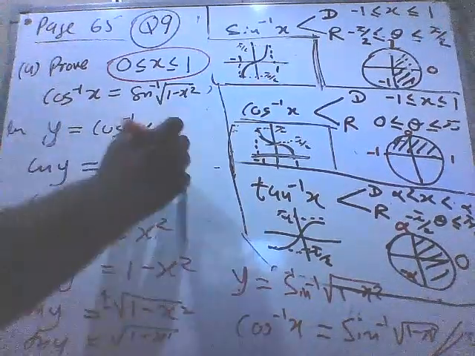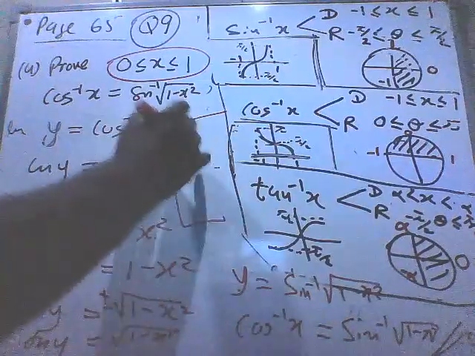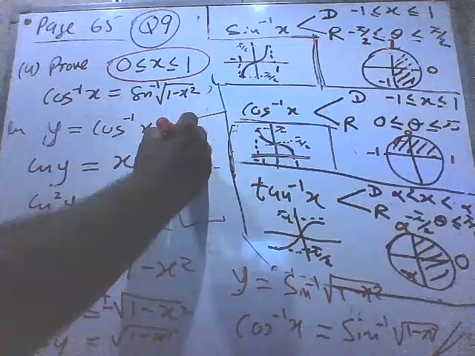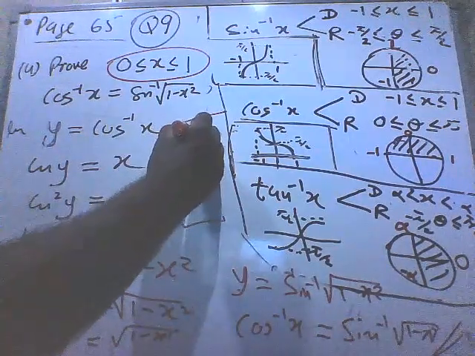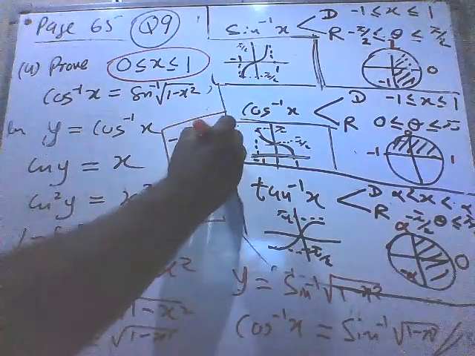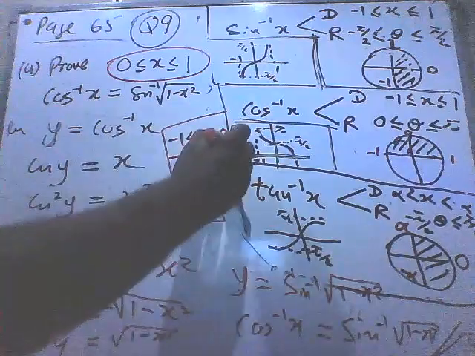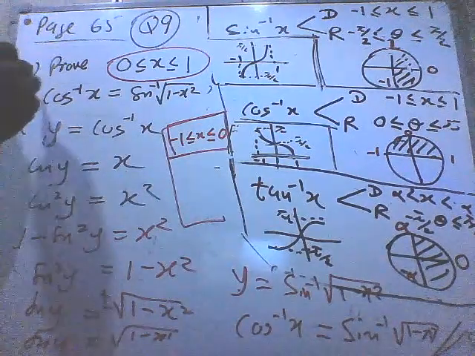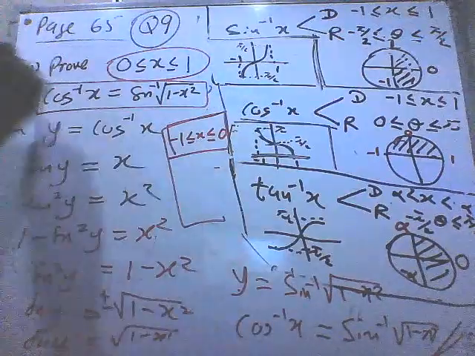Now part B, they are asking if the range is minus 1 less than or equal to x, less than or equal to 0. If x is in this range, why is this not true?